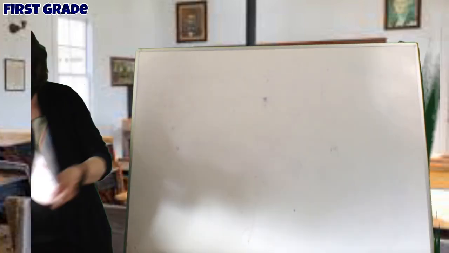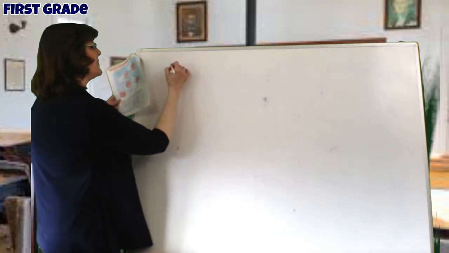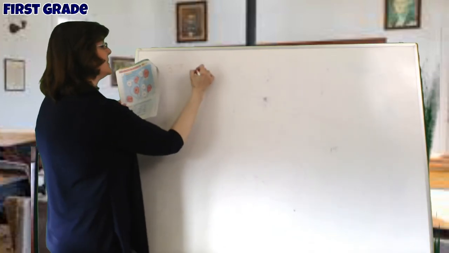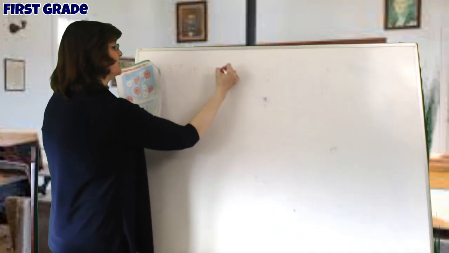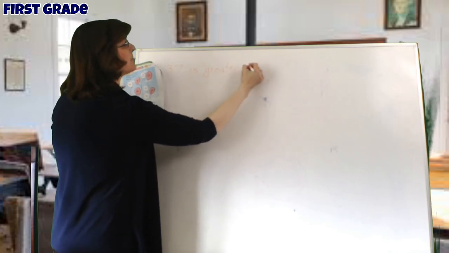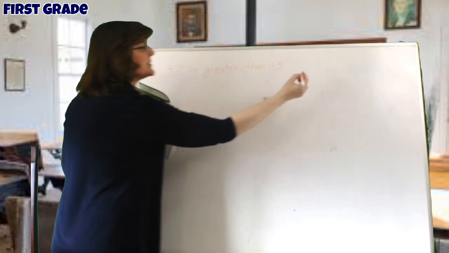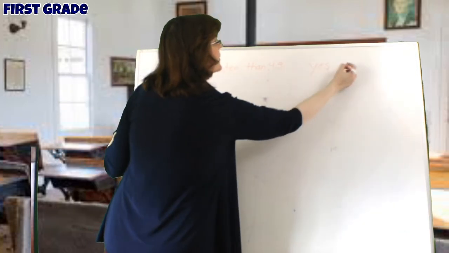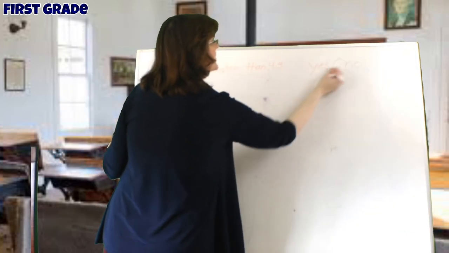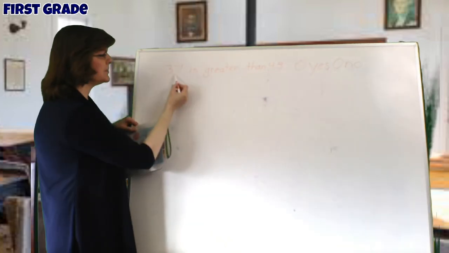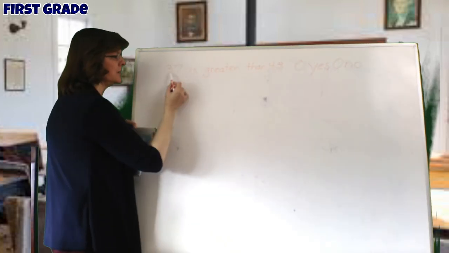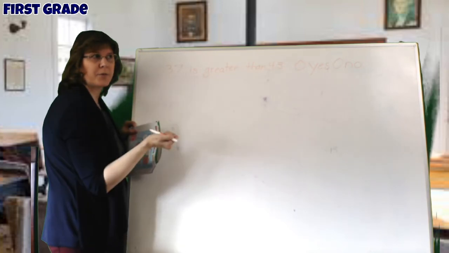Let's write those up here. So we have 37 is greater than 43. Let's think about that and decide if it's yes or no. There's our things to bubble in. 37 greater than 43. Well, let's look at our tens. 4 is more than 3.